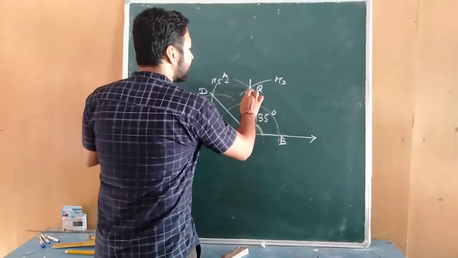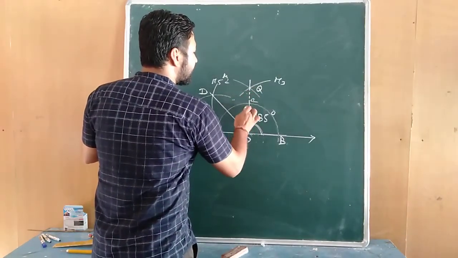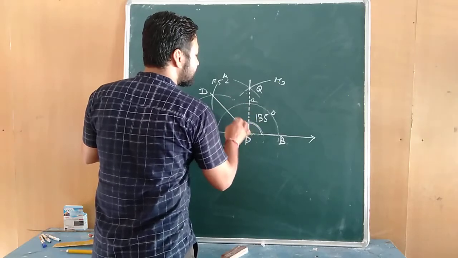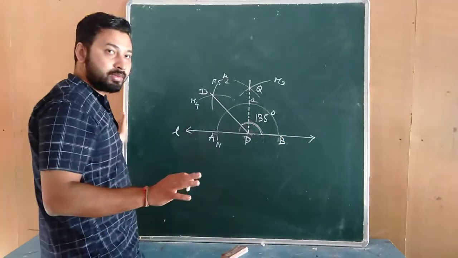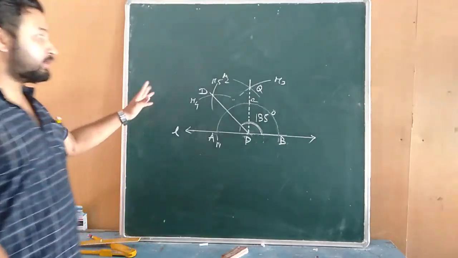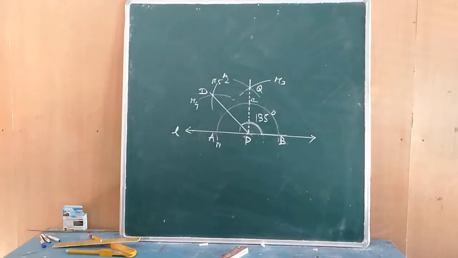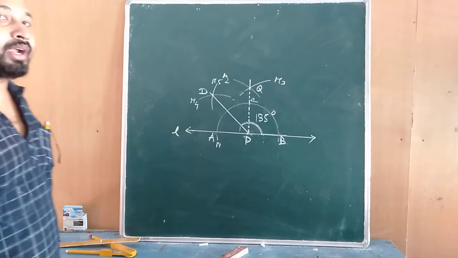In drawing this, we can give this line as a dotted line. This is a continuous line. Understood? So in this way we can draw an angle of 135 degrees.